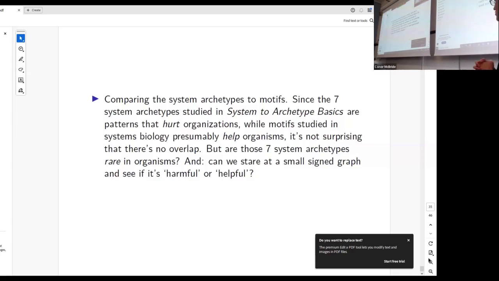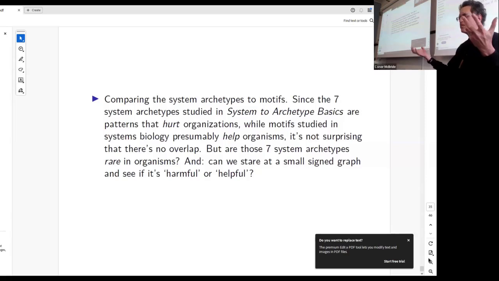I want to look around on some of these databases of systems biology networks to see if those motifs are really missing, or maybe those things that cause such problems for humans are somehow also able to be used for good by organisms. And could you actually figure out, by looking at a small signed graph, whether this is a bad kind of pattern or not? That would be amazing if it were true, but it seems that there is some truth to that. So I'd like to examine this.